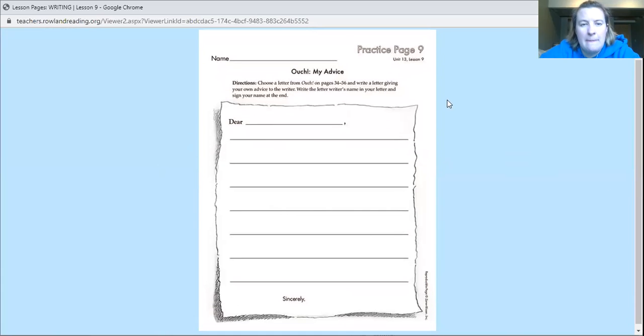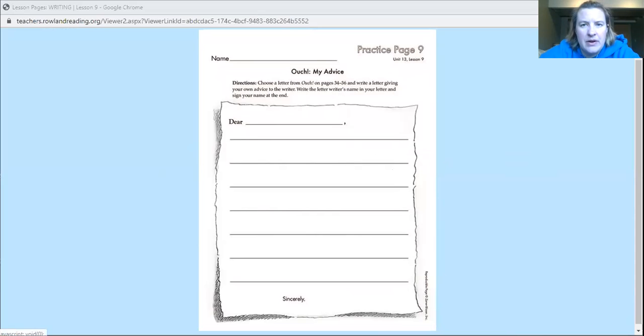Dear somebody. So our directions say, choose a letter from Ouch on pages 34 to 36 and write a letter giving your own advice to the writer. Write the letter writer's name in your letter and sign your name at the end. Okay, so we've had some confusion in the past about how to do this. So let's take a look back at our magazine.